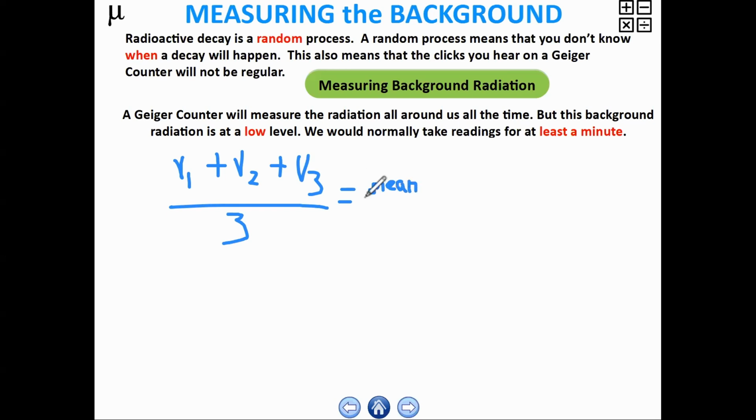Now, this won't appear on your equation sheet, so if you don't know how to calculate an average, I would suggest you write it down: sum of the values divided by the number of values. And obviously, we take repeats to improve the consistency of these values.